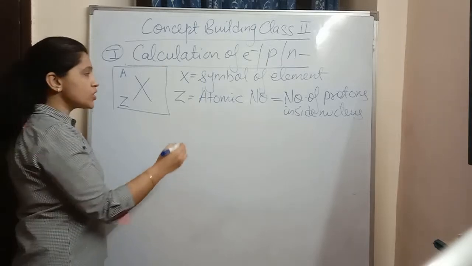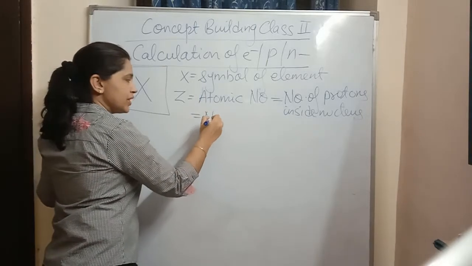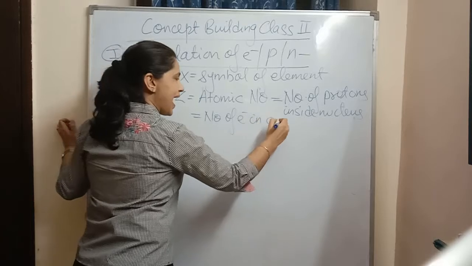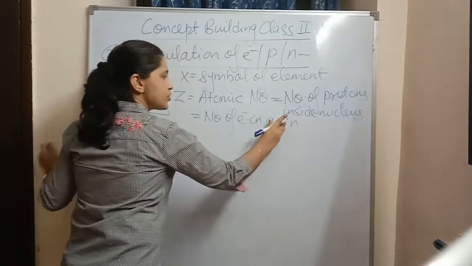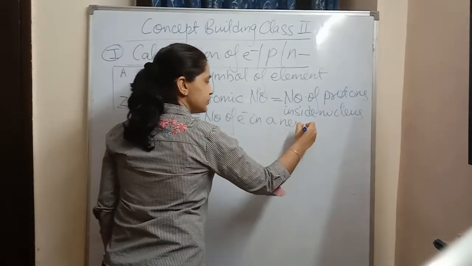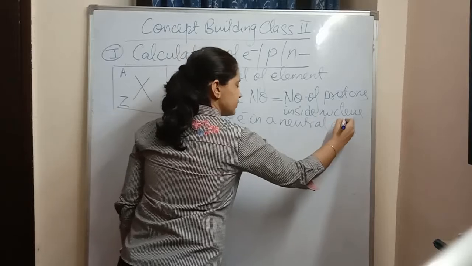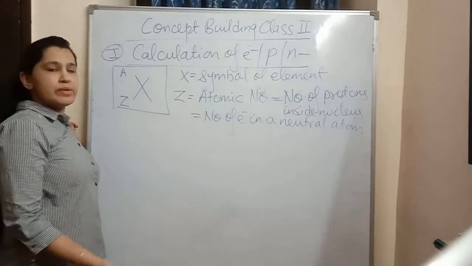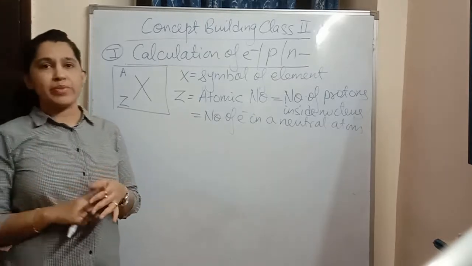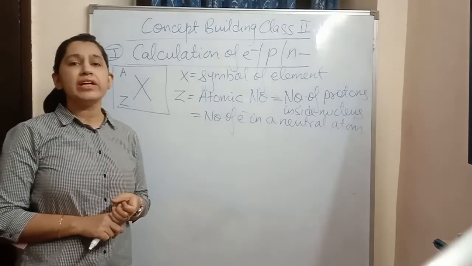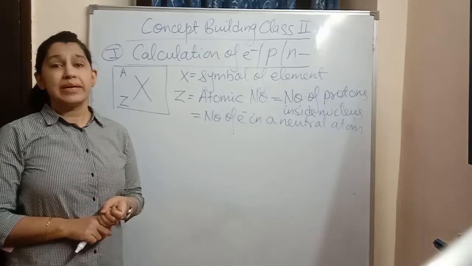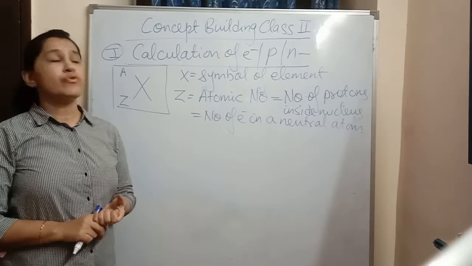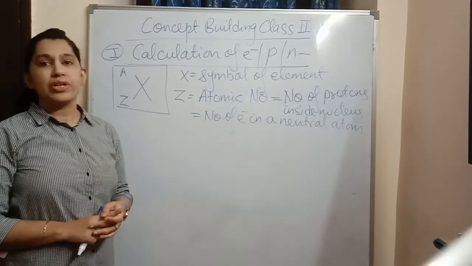And it is also equal to the number of electrons in a neutral atom, right? तो X symbol of the element, Z क्या बोला हमने? Atomic number, and जो atomic number है that is also equal to the number of protons and it is also equal to the number of electrons which are present in a neutral atom.